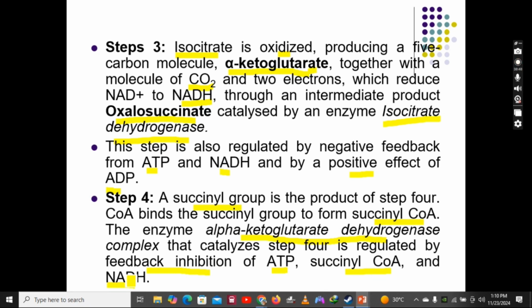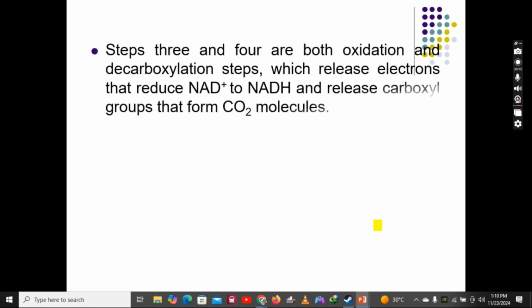The moment we have a lot of ATP or succinyl CoA or NADH, this will inhibit the enzyme, alpha ketoglutarate dehydrogenase. And once this enzyme has been inhibited, the alpha ketoglutarate will not be converted to succinyl CoA. That's our step number 4.